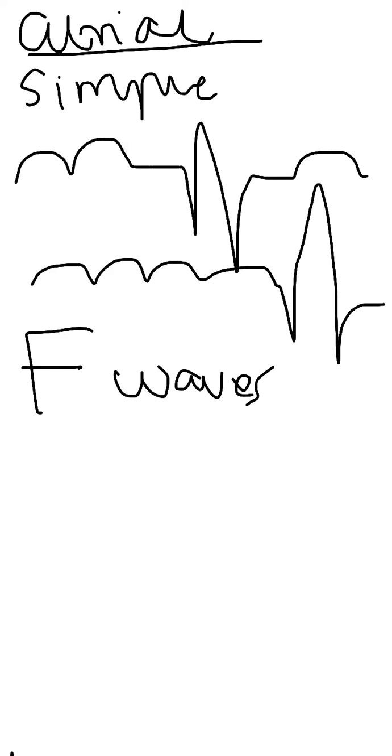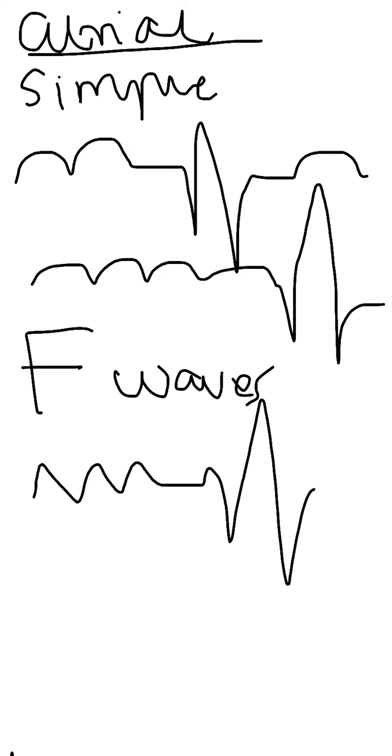In F waves, you find that the atrial activity is pretty fast, and they're not well recognized like the P waves. So they appear to be like this. They do not really appear like the P waves.